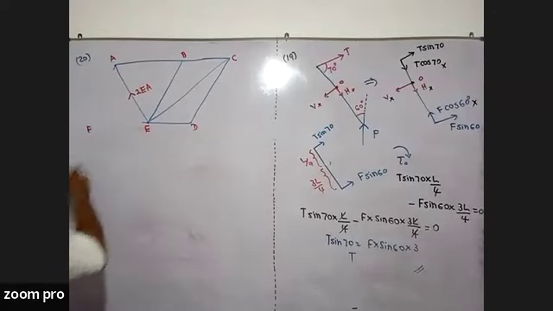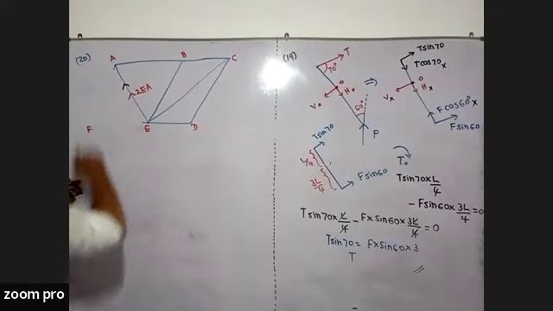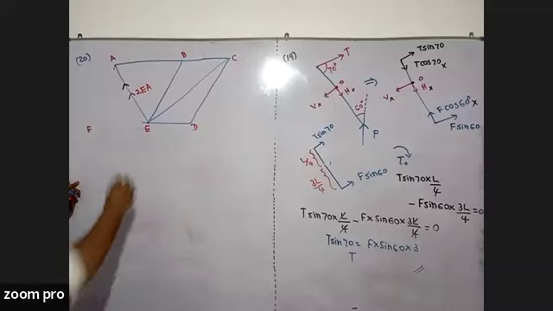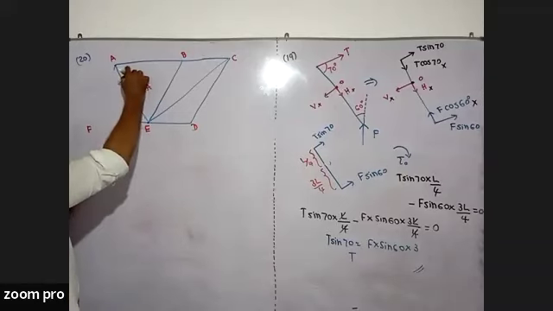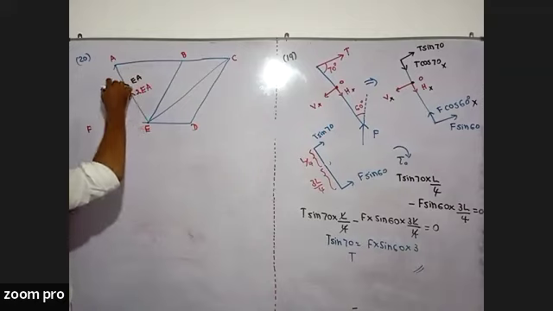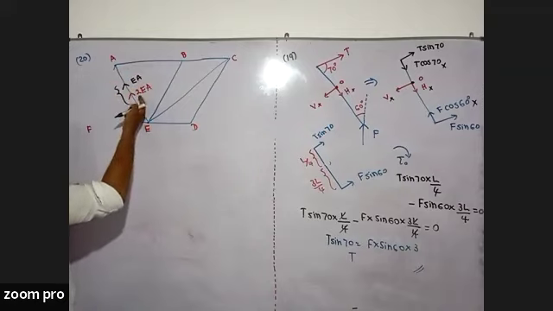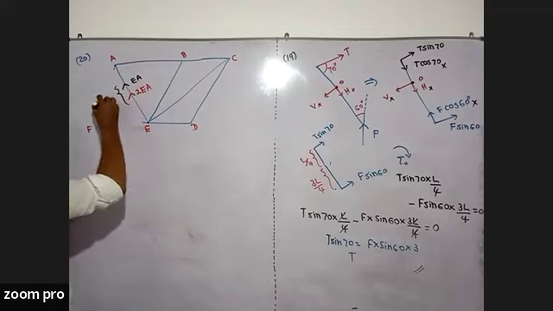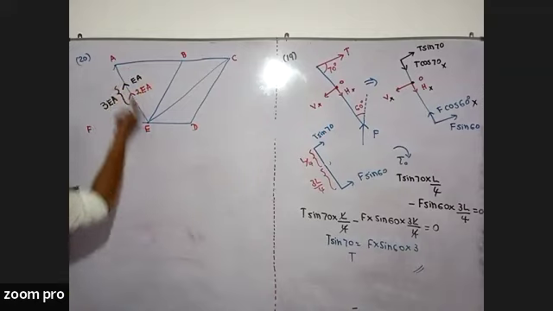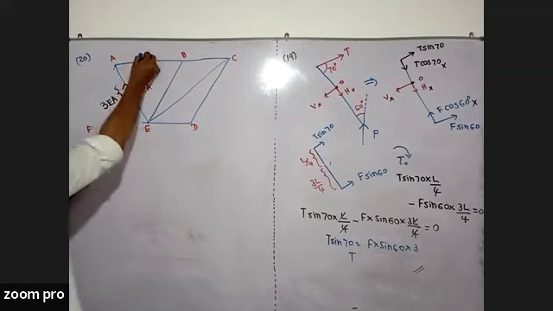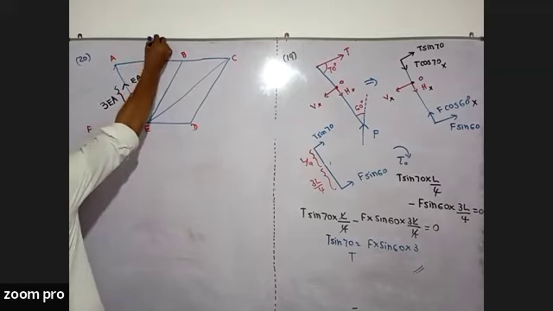But there's a vector already marked in this line, which is also considered as EA. So that means there are two EA and one EA, that means three EA is asserted along this side, right? And there's a 3AB which is asserting this side.